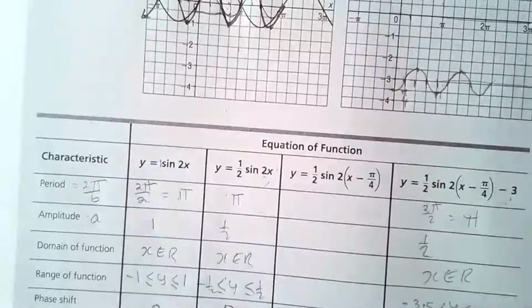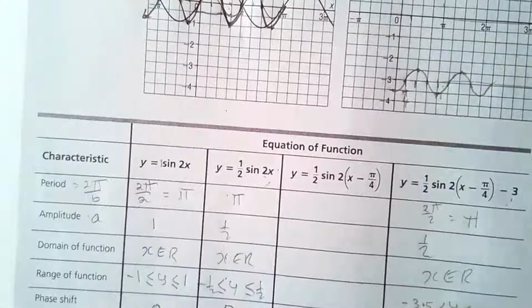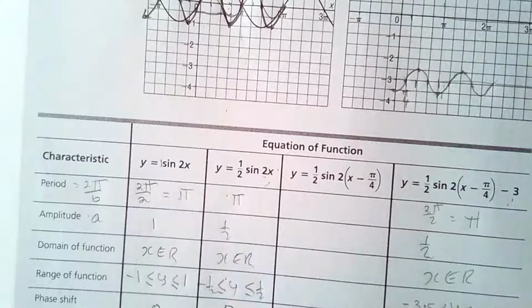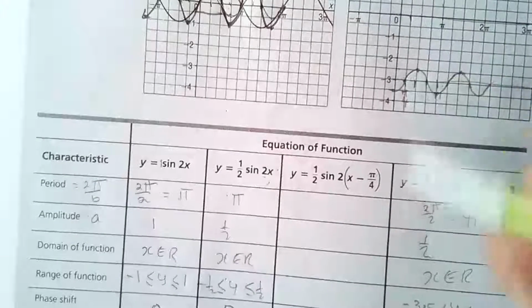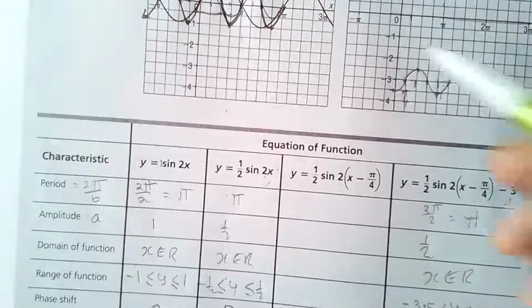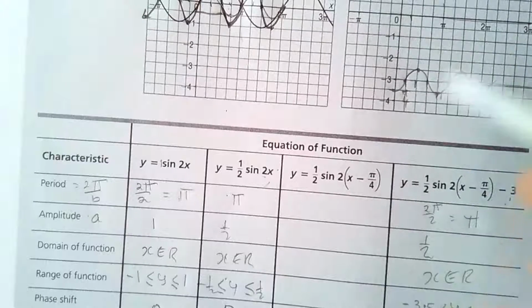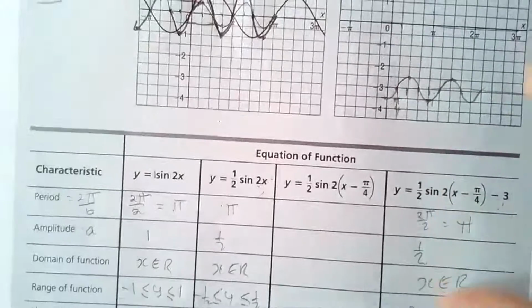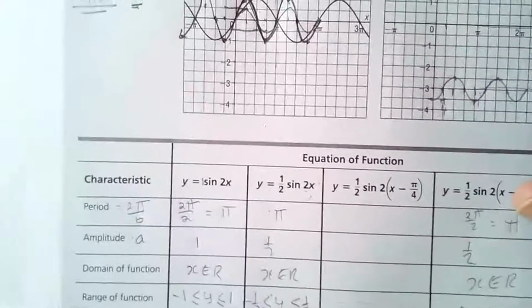Right, so by the way, the phase shift would be pi/4. Now the zeros, there's none. Let's zoom out a little bit here.